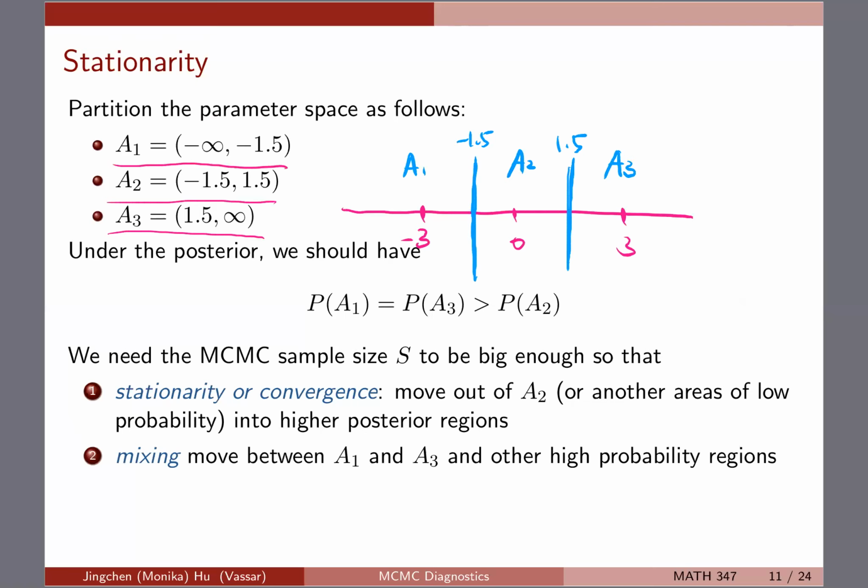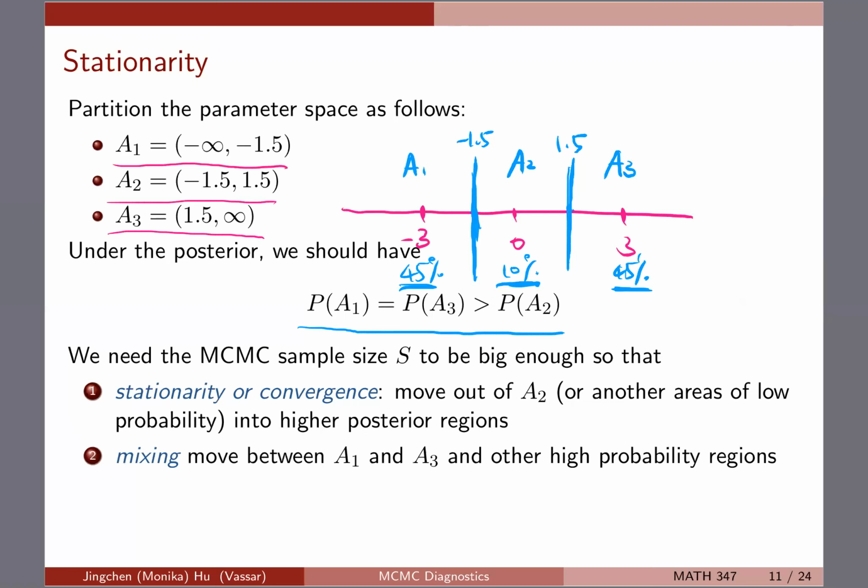Because it's about 45% here, 10% here, and 45% over here, right? So this cutoff point is just trying to take the middle. So roughly they should be the same, symmetric.